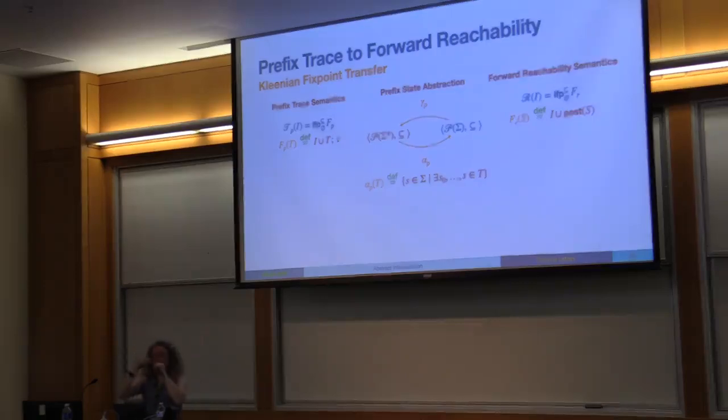Here we're building all the sequences starting from a set of initial states. Here we have our forward reachability semantics. We have our set of initial states and we build all the states that we can reach from it. We have our Galois connection. In particular, we have this abstraction that maps a set of sequences to the states that we find on those sequences.